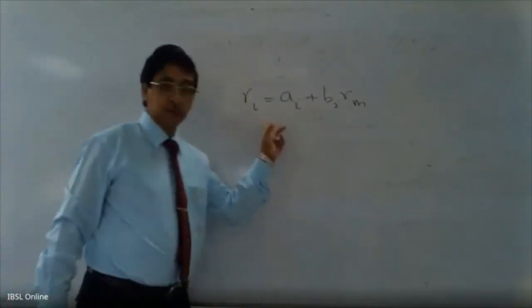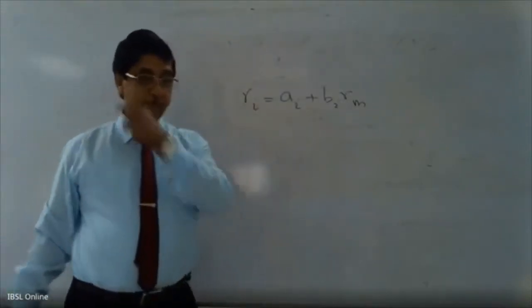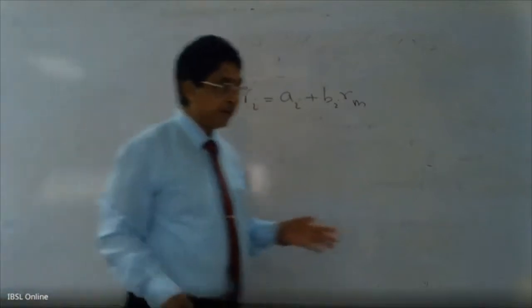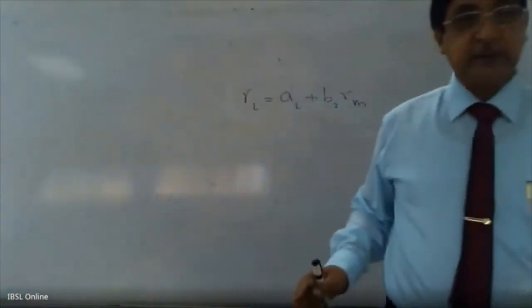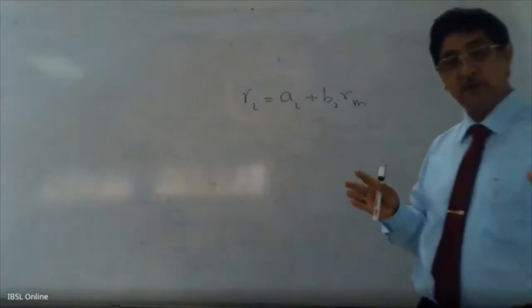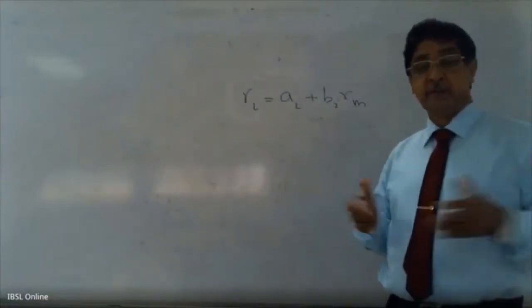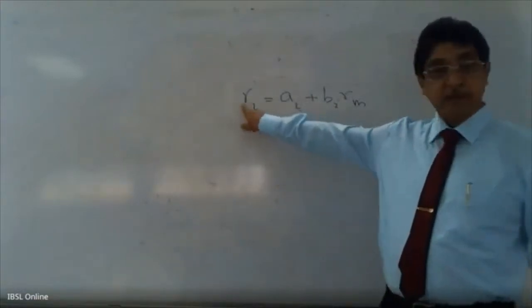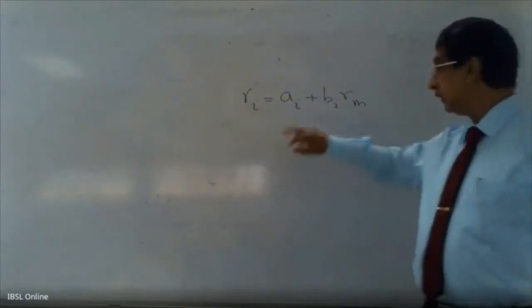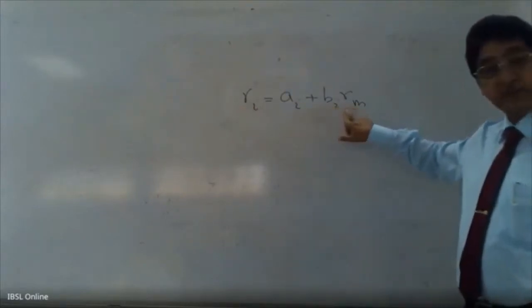Now this is the characteristic line. Why do we say characteristic? Because it characterizes the stock return. The stock return is given by Ri and Rm is the market return.